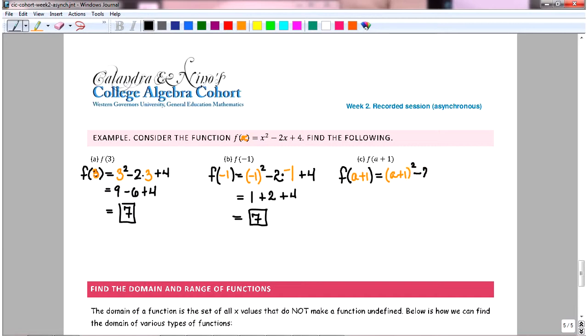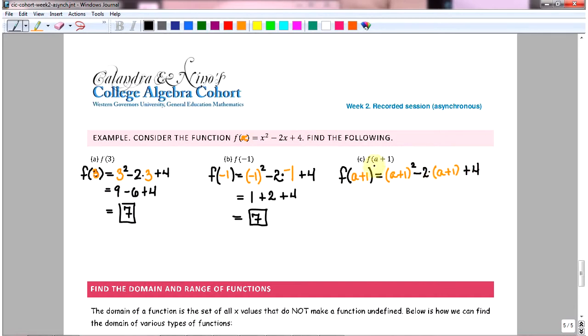Then we have -2 times, instead of x, we're multiplying by (a + 1). And then we have a +4 on the end. There's no x with it, so we just keep the +4.